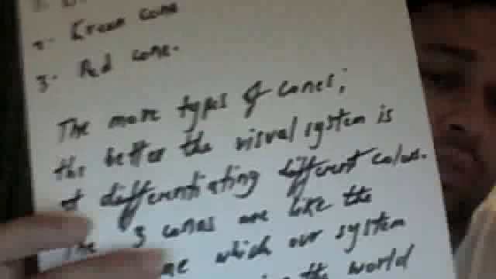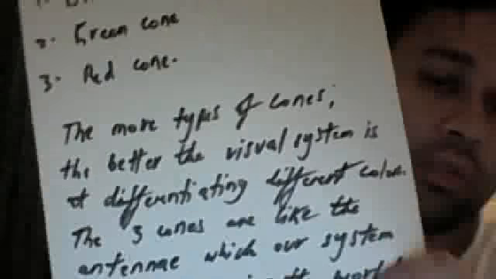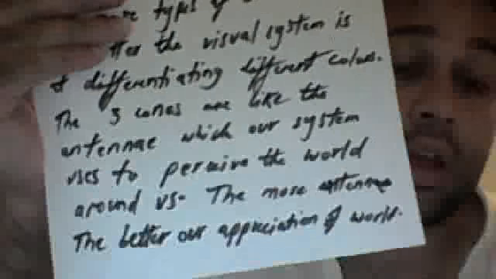The more types of cones that you have, the better the visual system differentiates different colors. So the three cones are like the antennas our system uses to perceive the world around us. The more antennas, the better our approximation and appreciation of the world around us.